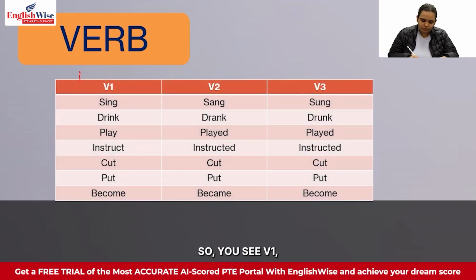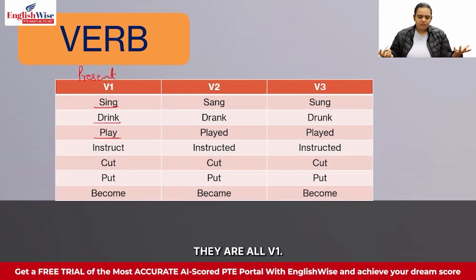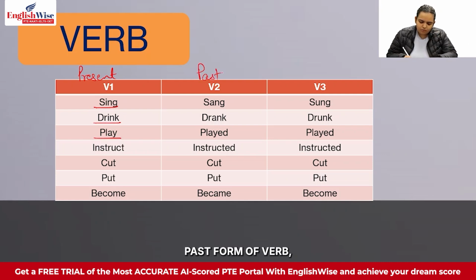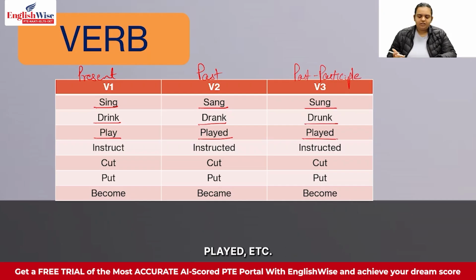You see V1, which is the present form of the verb, you have words like sing, drink, play. If you talk about V2, which is the past form of the verb, you have words like sang, drank, played, etc. If you talk about V3, which is the past participle, you have words like sung, drunk, played, etc.